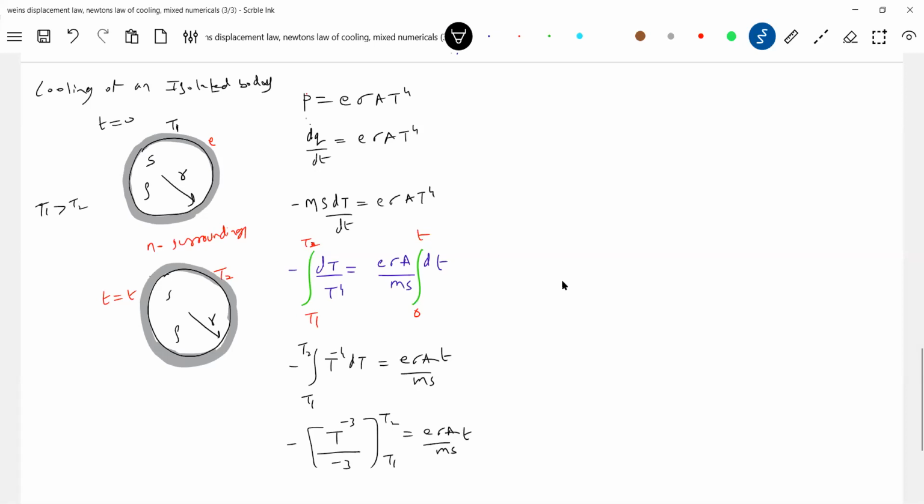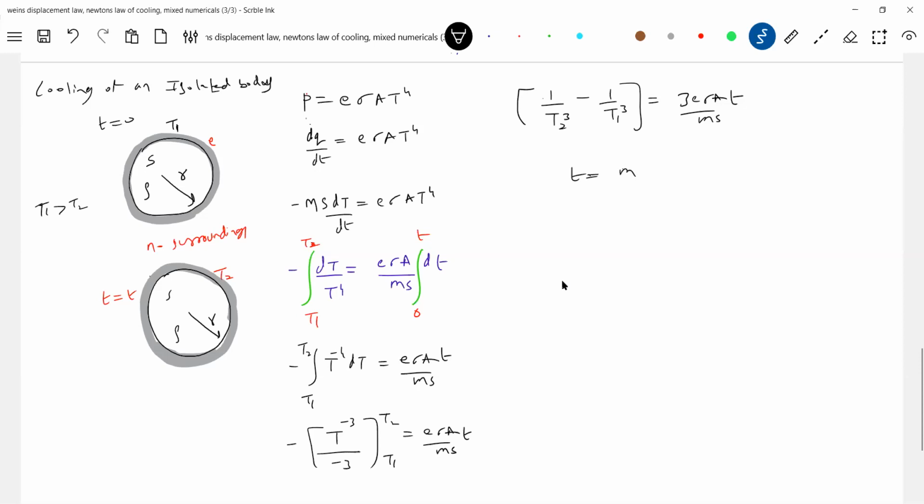Okay, let me substitute the limits. One negative sign gets eliminated. So 1 by T2 cube minus 1 by T1 cube is equal to 3 E sigma A t by m s. Okay, this is the time taken for it to cool.